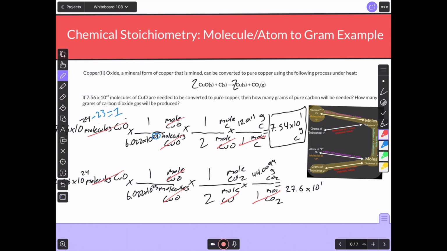So what we have to do is take that decimal over to the left, which makes this larger, times 10 to the 2. So it ends up being 2.76 times 10 to the 2 grams of CO2. Now we know how many grams we have of each, so we can actually, again, more practically weigh it out.